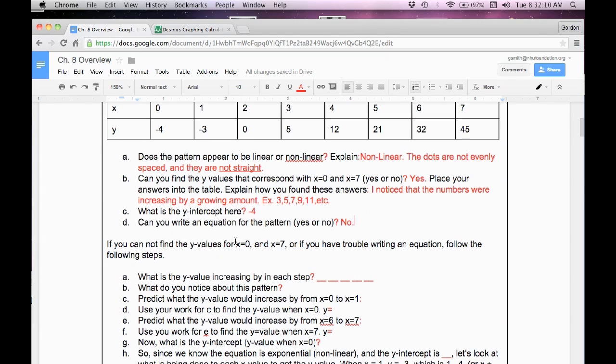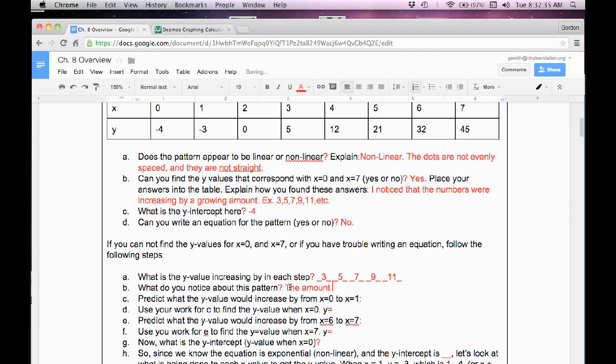All right. So if you cannot find the y values for x equals 0 or x equals 7, or have trouble writing an equation, follow the following steps. What is the y value increasing by in each step? It's increasing by 3, then 5, then 7, then 9, then 11. We did realize that. Okay, what do you notice about this pattern?